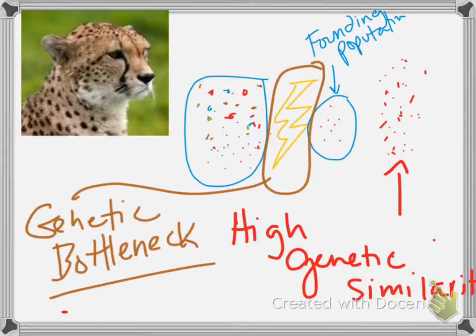So if a disease comes along that affects sycamores, they're all done. We lost our chestnuts, we lost our elms, we're losing our ash trees, diversity matters. Having a lot of different genes really makes a difference. It allows a population to evolve in the face of hardship. Okay, that's genetic bottlenecks in a nutshell.